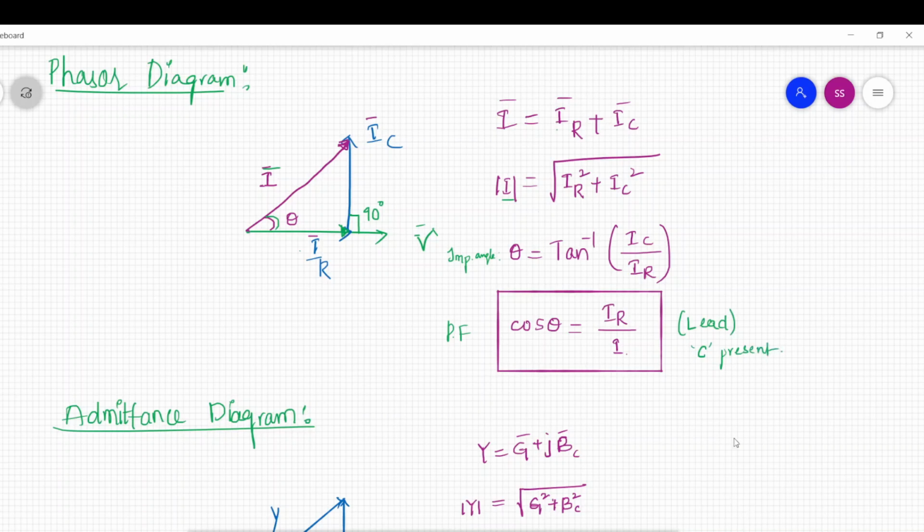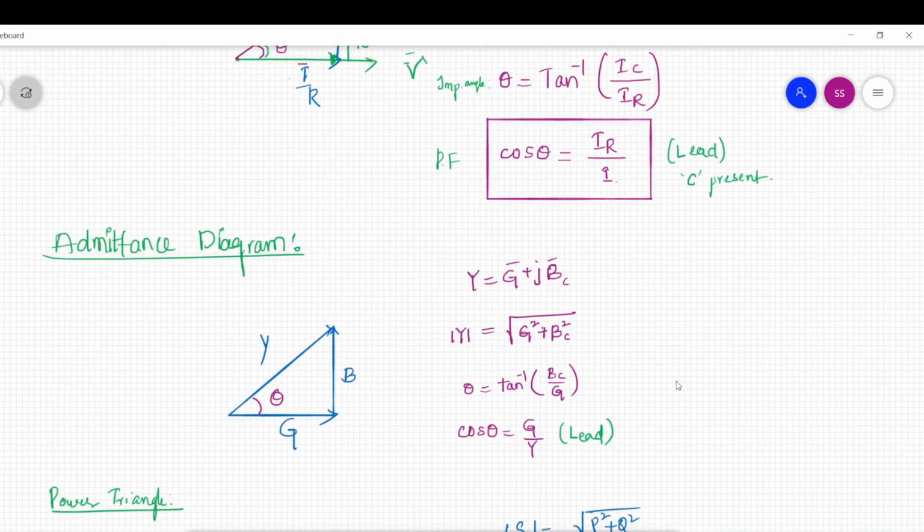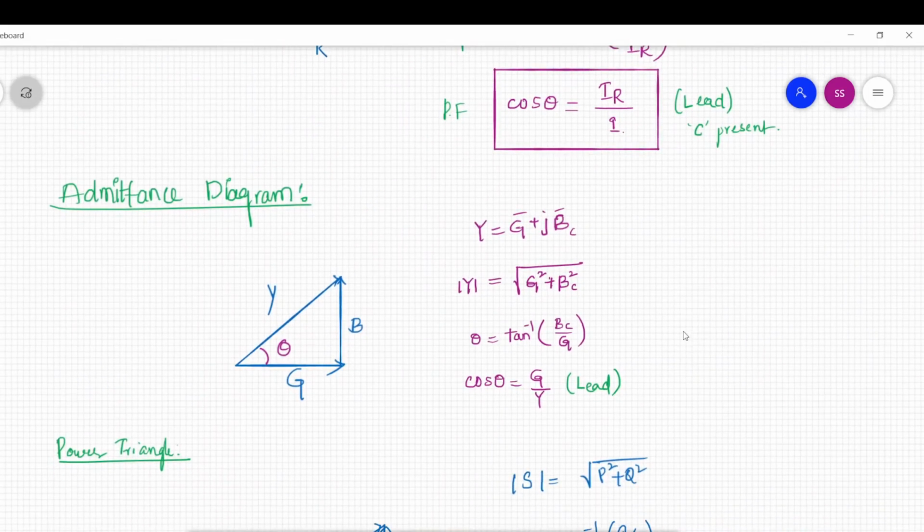Now let us see the admittance diagram. Earlier we were obtaining the impedance triangle. Now we are going to see admittance because it is a parallel circuit. So Y bar equals G plus jBC. The magnitude will be this one. G will be a phasor, and the BC phasor has a phase shift of 90 degrees because of the j operator.